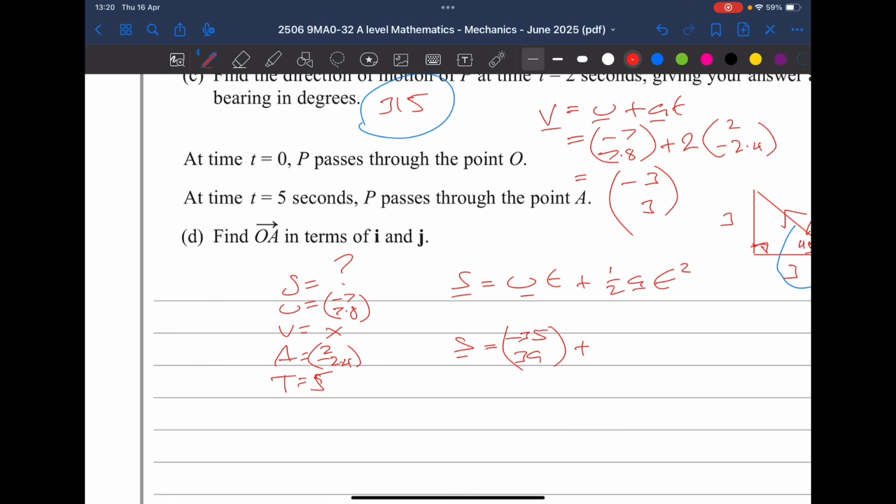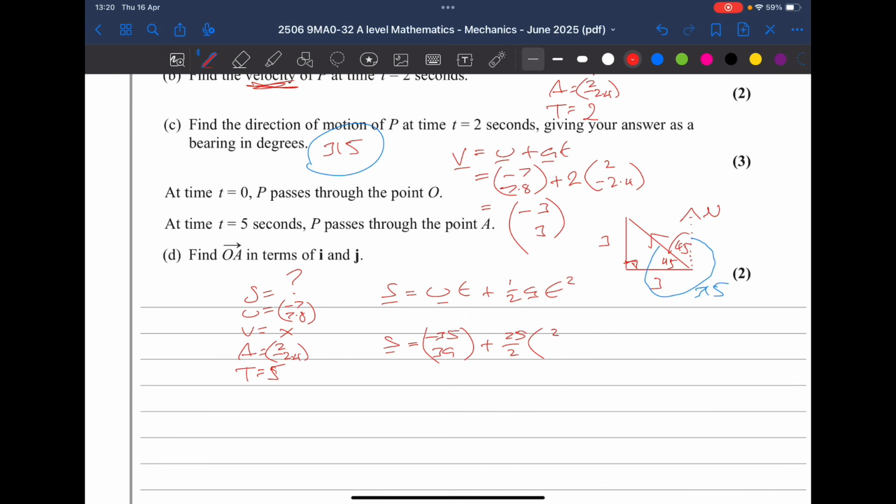And then plus a half t squared, well, that's 25 over 2, which is not very nice. So 25 over 2. And then our acceleration, which we know is 2 and minus 2.4. Let's keep this bit the same, 35 and 39. These halves, so that's going to be 1 times 25 is 25. 1.2 times 25 is 30.